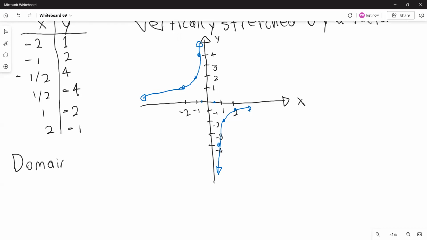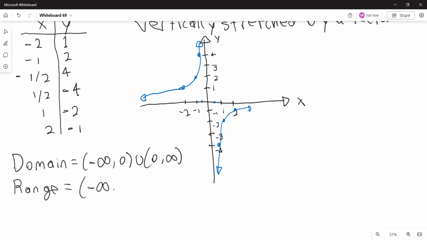So the domain is -∞ to 0, union 0 to ∞. The y value is never going to be 0, so that's going to be the range. You don't have a number x for which 1 over x is equal to 0, so the range is going to be everything but 0.